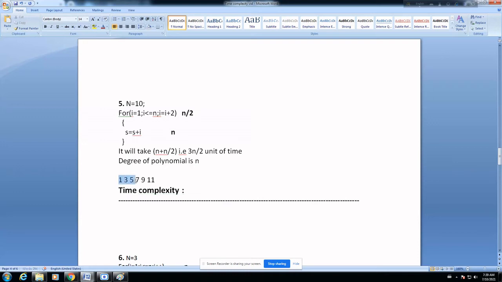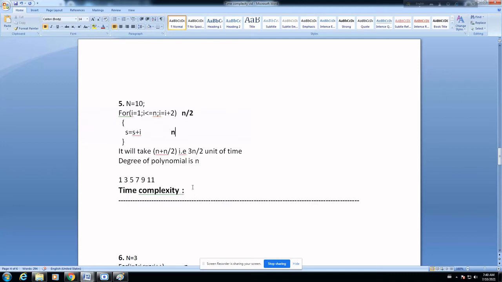So how many times will it execute? 5 times. The value of n is 10, and it executes 5 times, so we can say this one is n by 2. And this statement is executed n times. So how much time will it take? That is n plus n divided by 2, that is 3n by 2.